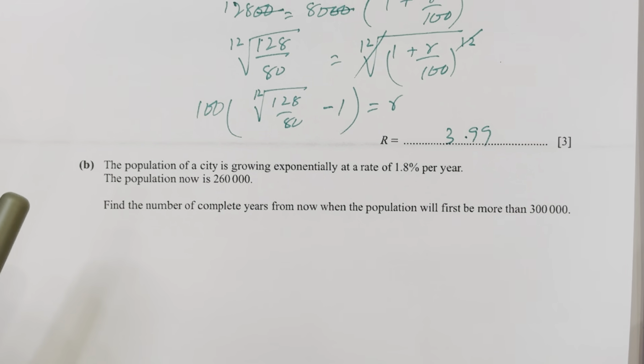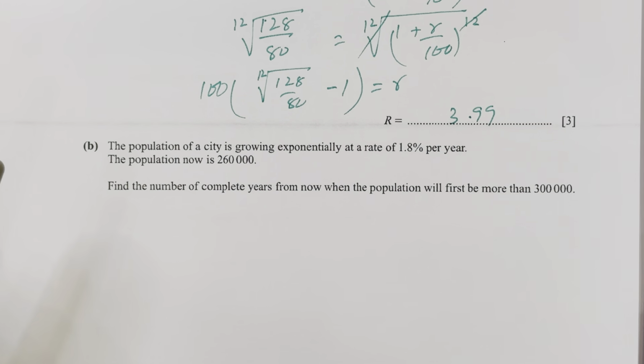Okay, moving to its B part, the population of a city is growing exponentially at a rate of 1.8% per year. The population now is 2,60,000. Find the number of complete years from now when the population will be more than 3 lakh.